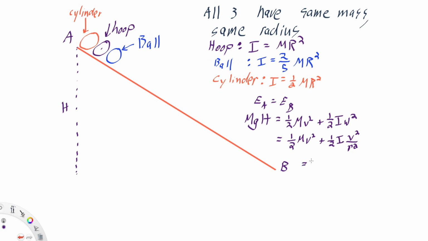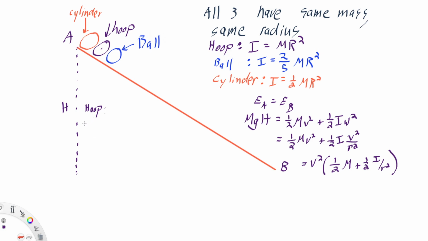Which means that we can factor out a v squared, and we get 1/2 m plus 1/2 I over r squared. For the hoop, I is just mr squared.